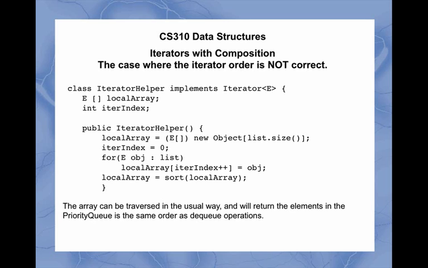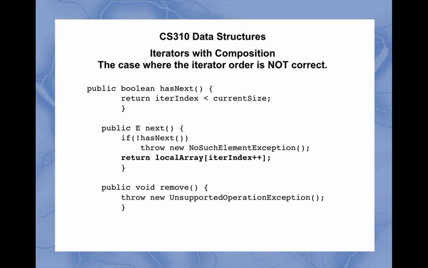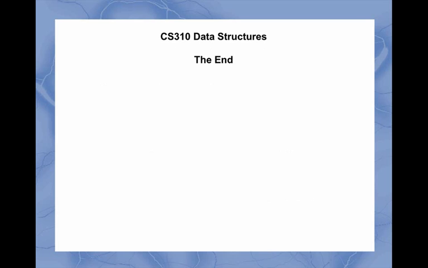It returns elements in the priority queue in the same order as the dequeue operations. Here is the rest of the code. Note that rather than using the linked list iterator, we're sequencing through this local array that we built in the constructor and filled in. This concludes our lectures on iterators.